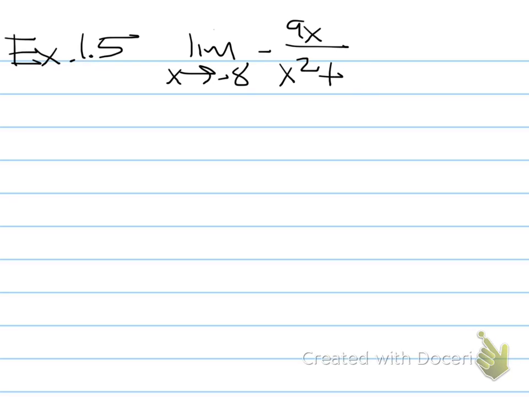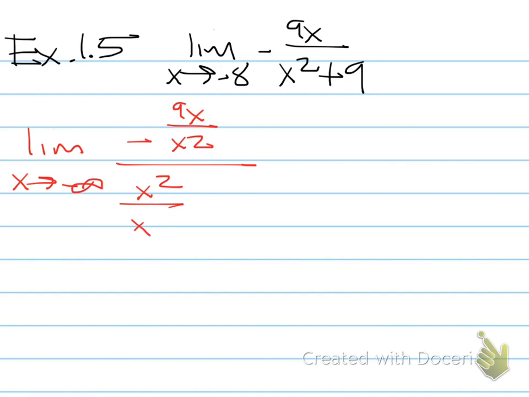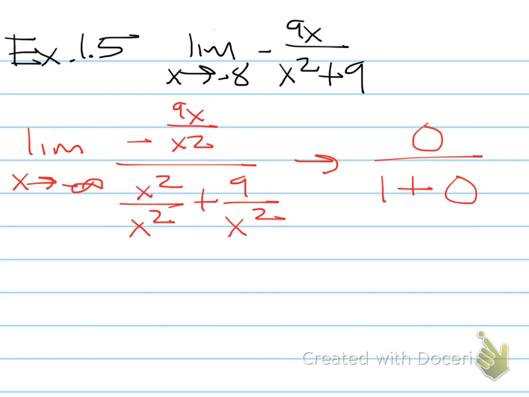Another example, similar. The highest power in the denominator is 2. So I'm going to divide the numerator and denominator by x to the second power. When I simplify each of those terms, -9x over x squared would simplify to -9 over x.